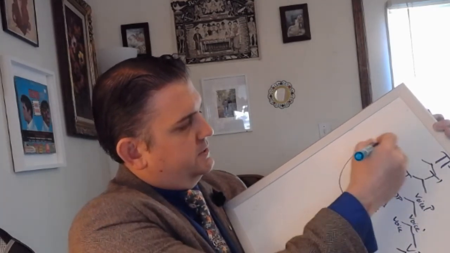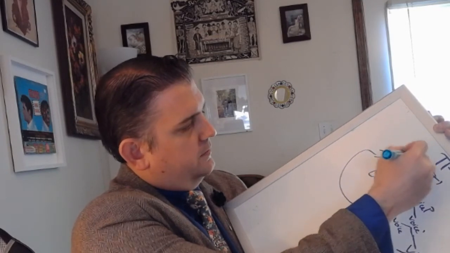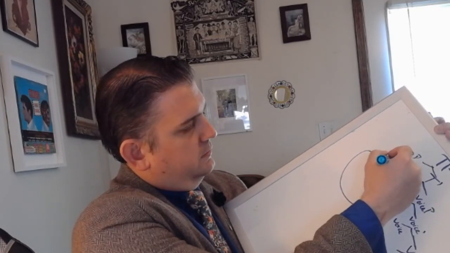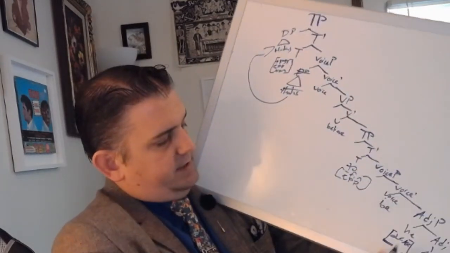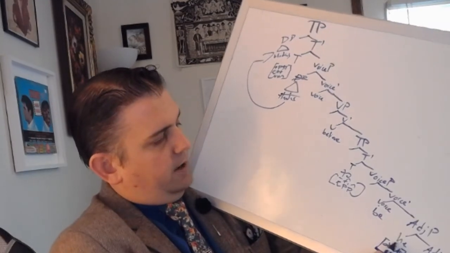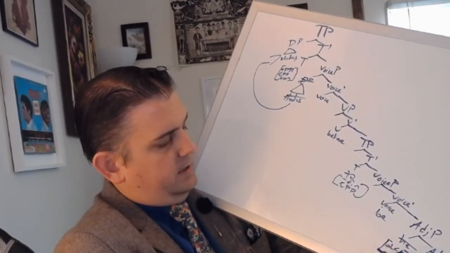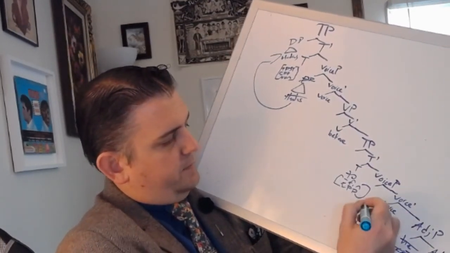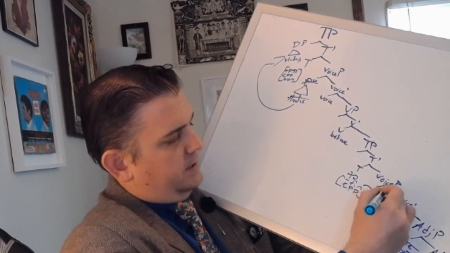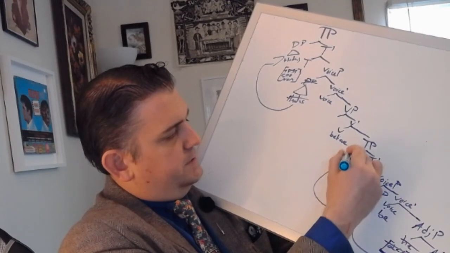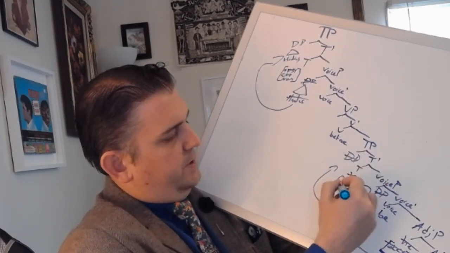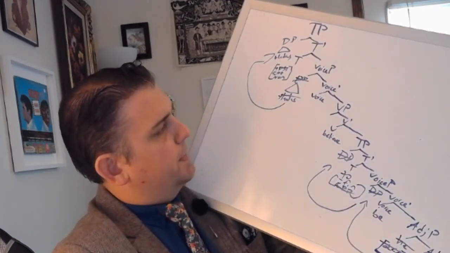And Hadas is just going to move up. We can just do that now. And it's really the journey of this he that we care about. So following our minimal link condition, it's going to go into voice, up into T. It will check the EPP feature here.